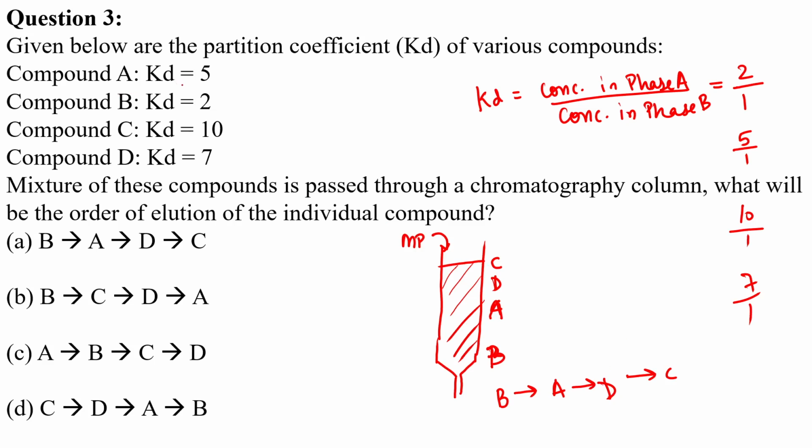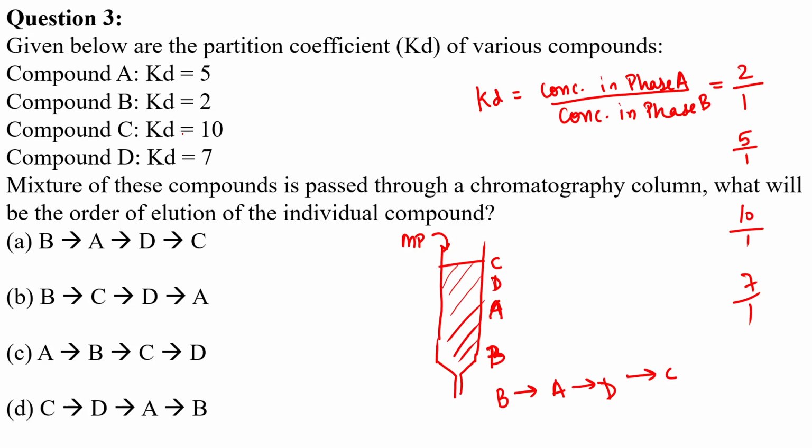Whatever the number is, that many parts of that compound are interacting with the stationary phase. A higher partition coefficient means it is interacting more with the stationary phase; a lower one means it is interacting less. So, the order of binding is affected by the partition coefficient.